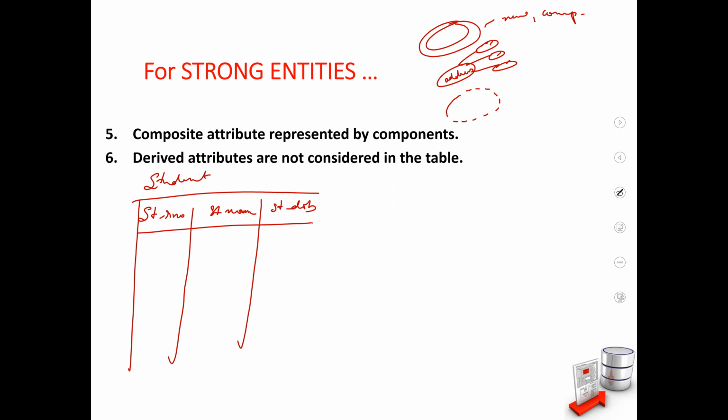Okay. Now let's see. Address. If you have these kinds of composite attributes, please do not create a new table for that. It can be accommodated into your old table itself, the original table itself. So there are two ways in which you can do it.